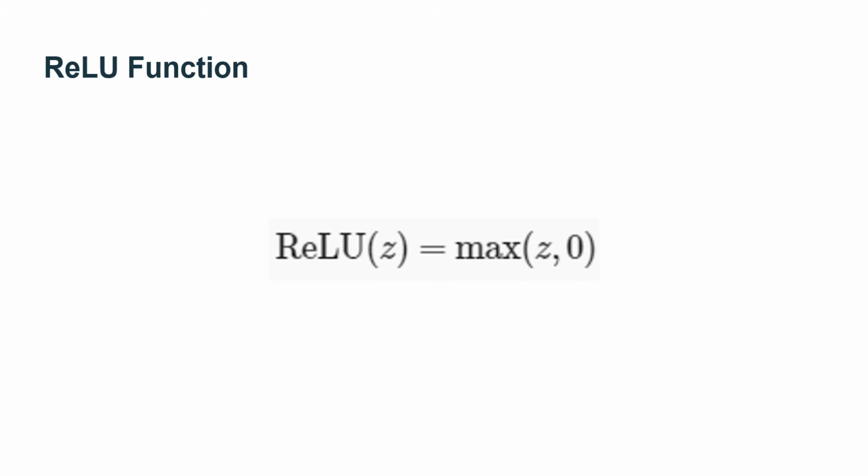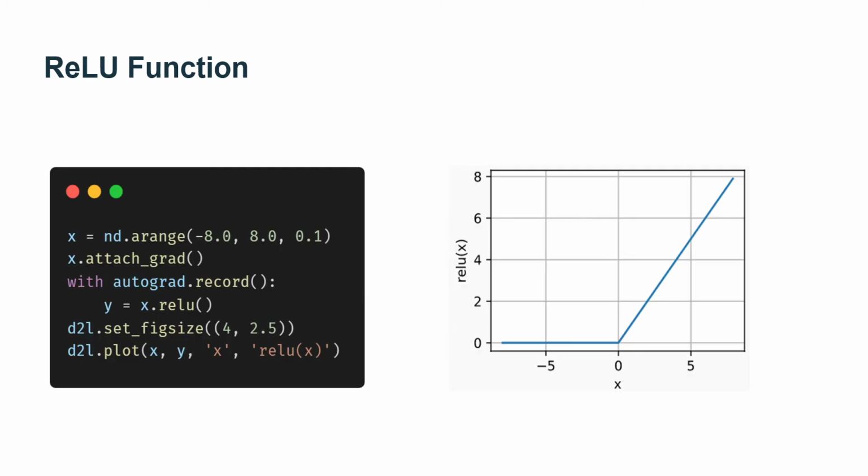To get a better idea of what it looks like, we can plot it. Because it is used so commonly, the framework supports the ReLU function as a basic native operator. As you can see, the activation function is piecewise linear. When the input is negative, the derivative of the ReLU function is 0, and when the input is positive, the derivative of the ReLU function is 1.